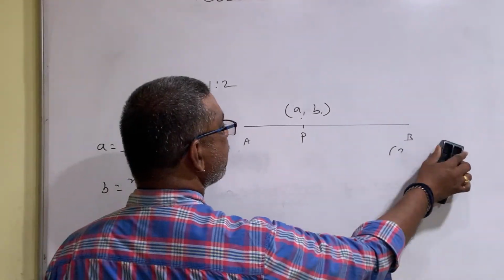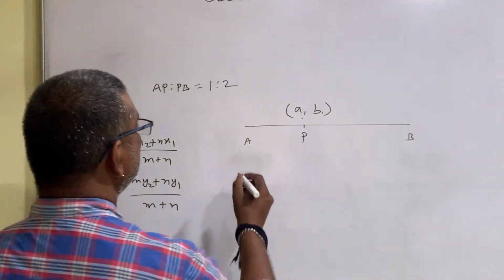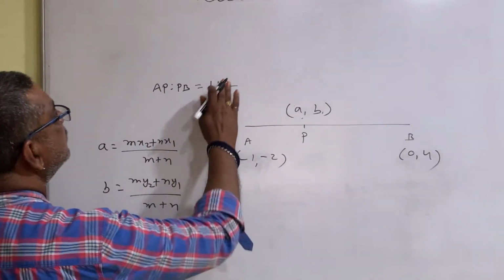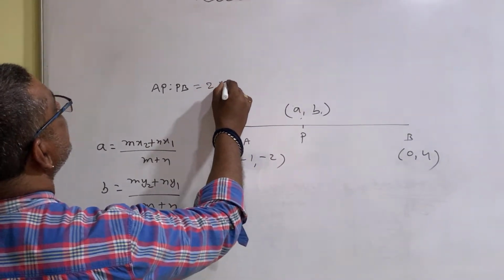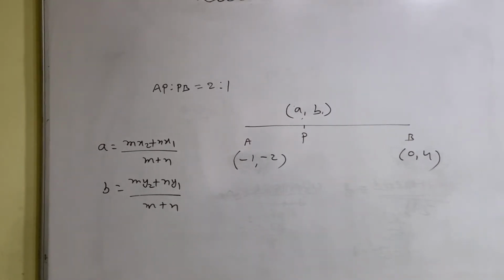One more problem. A is minus 1 comma minus 2, B is 0 comma 4, ratio 2:1. Find the coordinates of P fast.